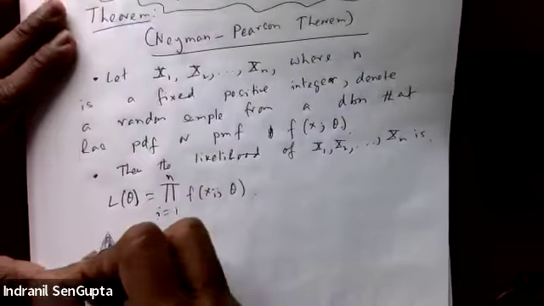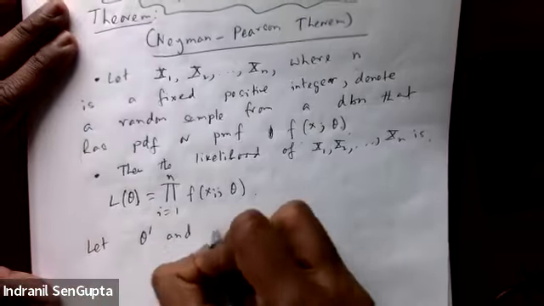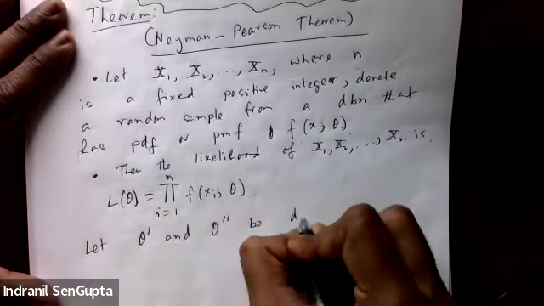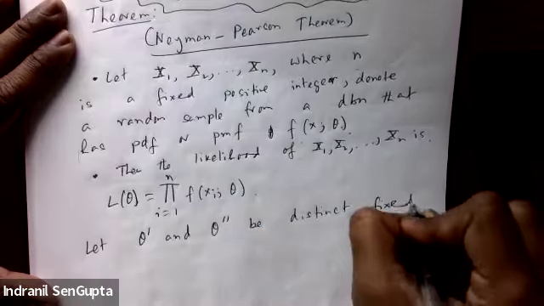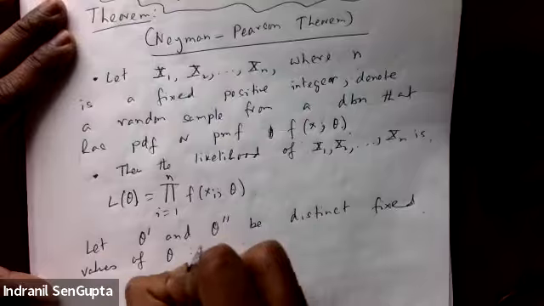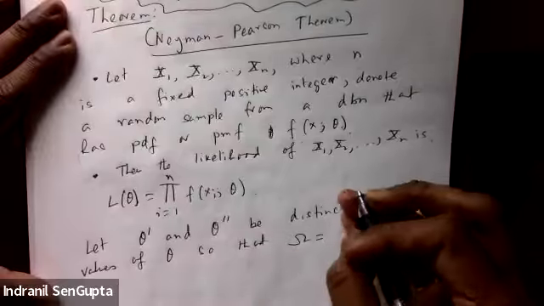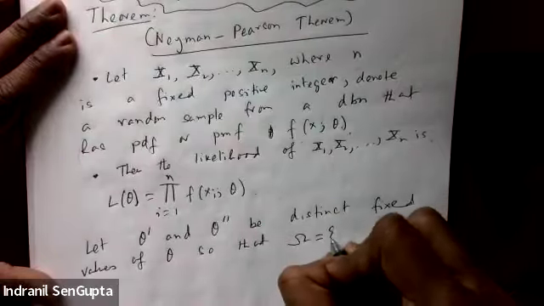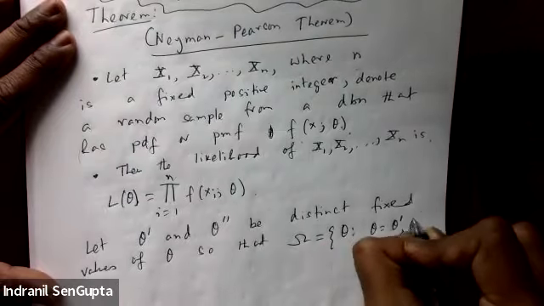Now the new part. Let theta prime and theta double prime be distinct fixed values of theta, so that omega is the set of theta such that theta can be either theta prime or theta double prime.